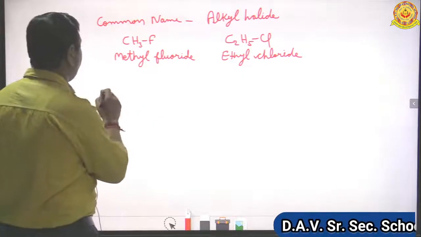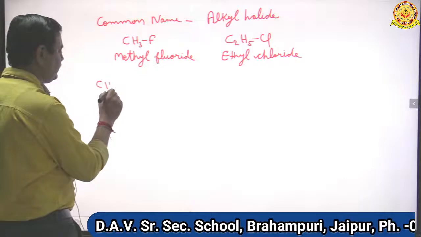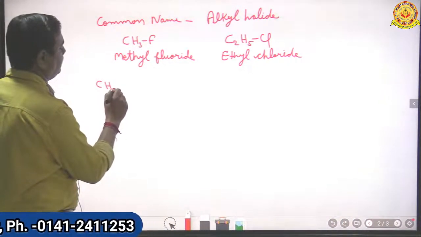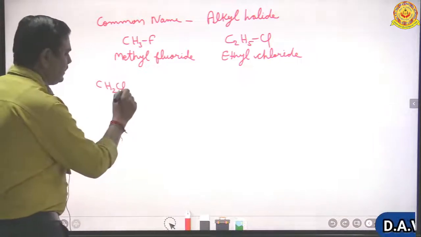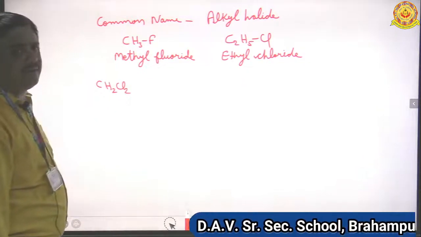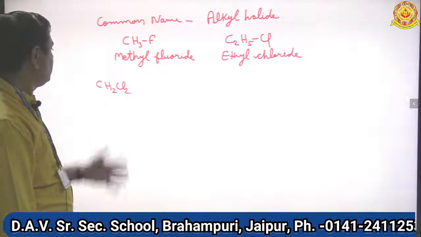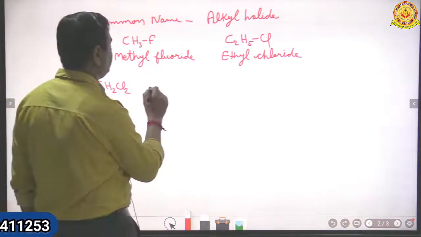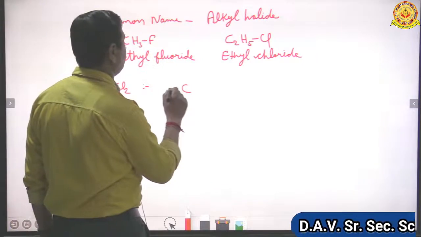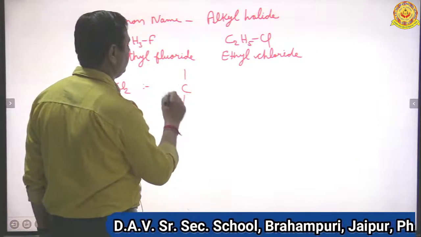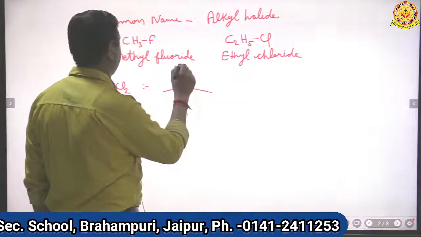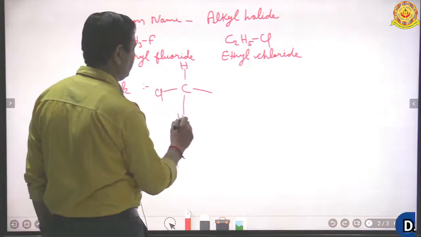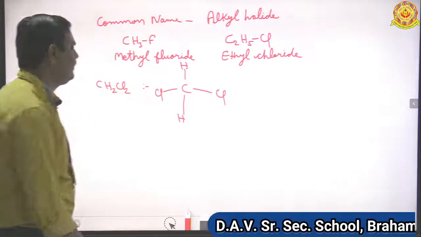Now we will discuss when two halogens are attached in a compound. Here the structure of this compound will be this.